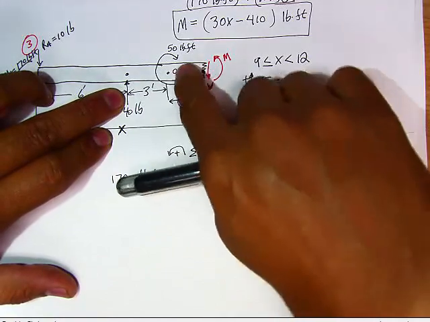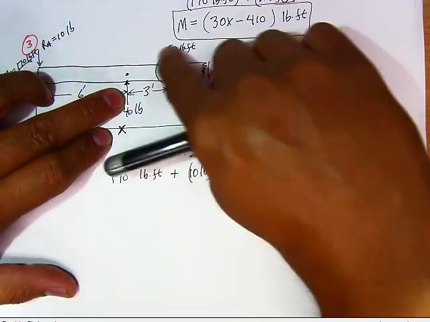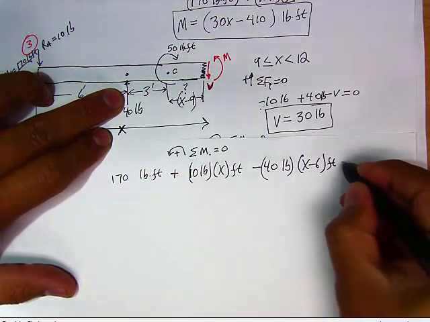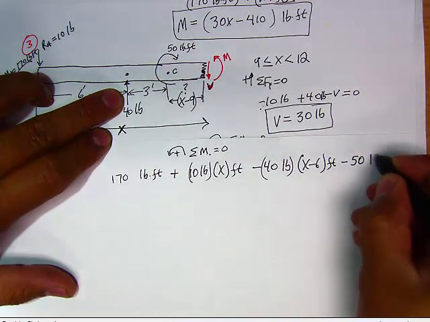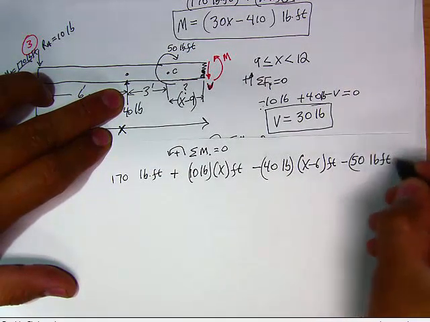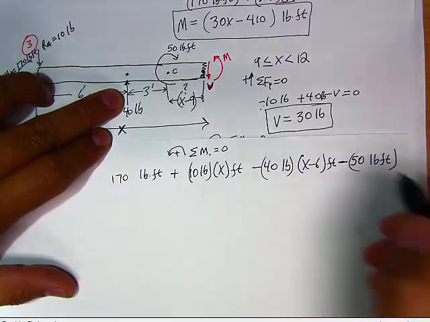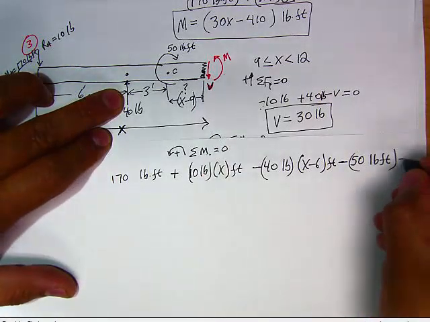And last but not least, negative 50 pound-foot, because it is clockwise. Don't forget that it's negative. And then plus M. And this is equal to 0.